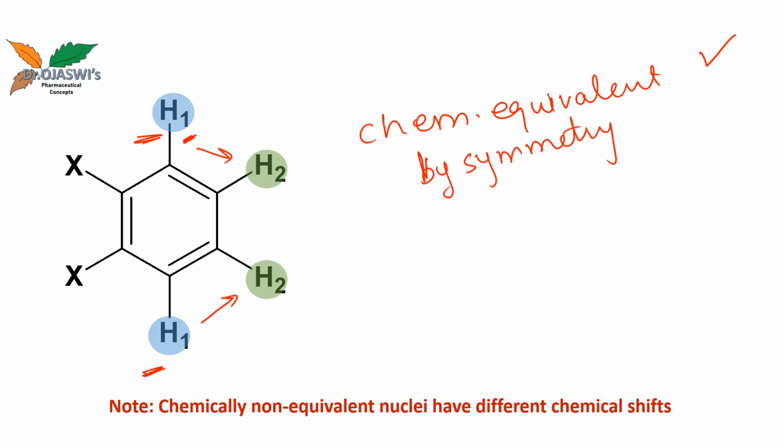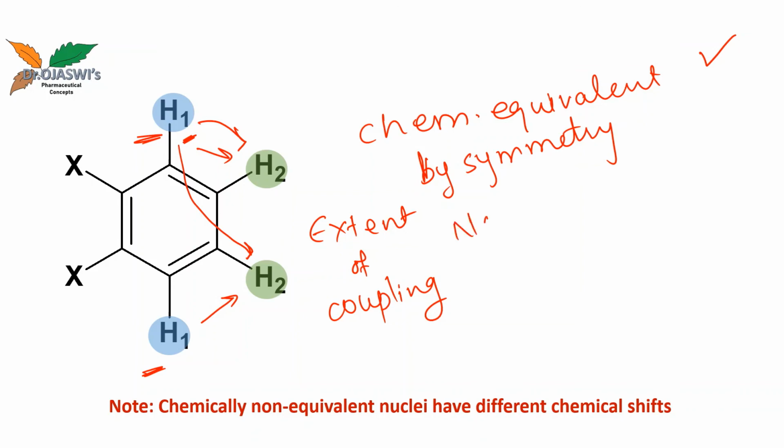But the partners with which they are coupling are different. So this H1 can couple with this, but it is not coupling with that. Or even if it couples by long range coupling, the extent of coupling will be different. Therefore, they are not magnetically equivalent.